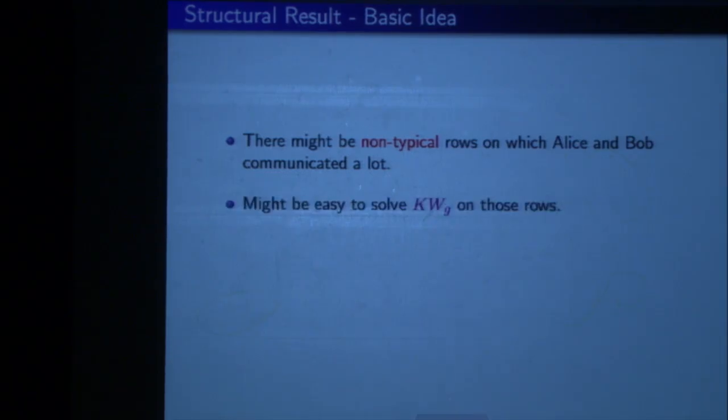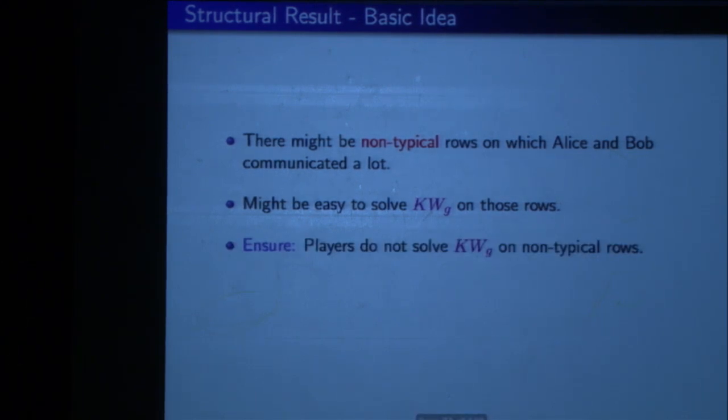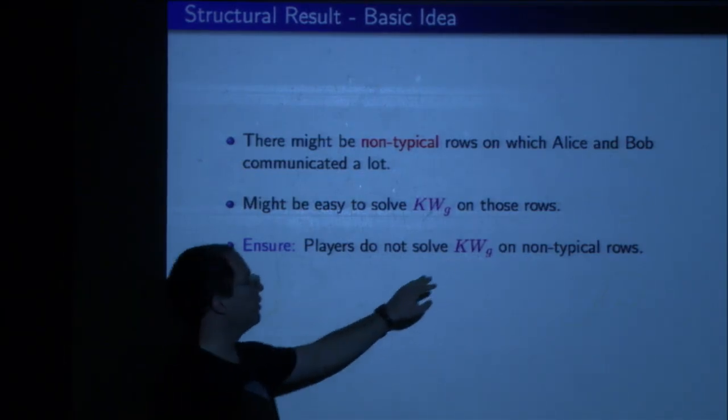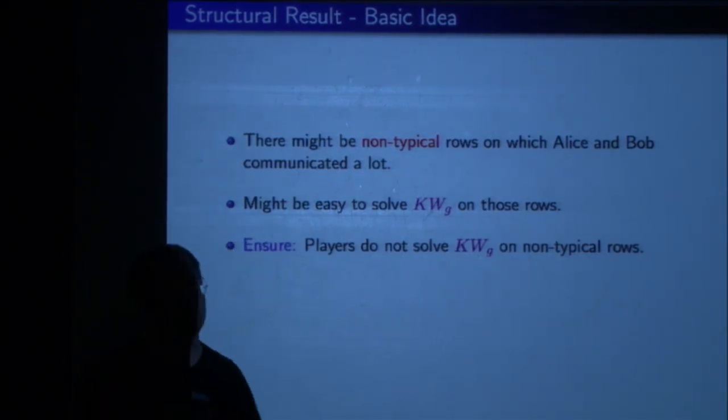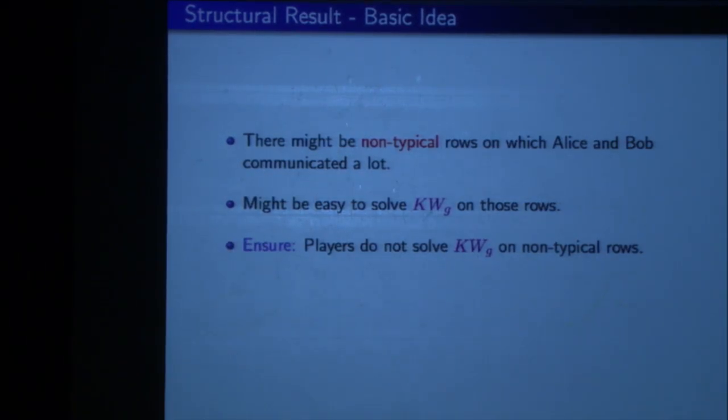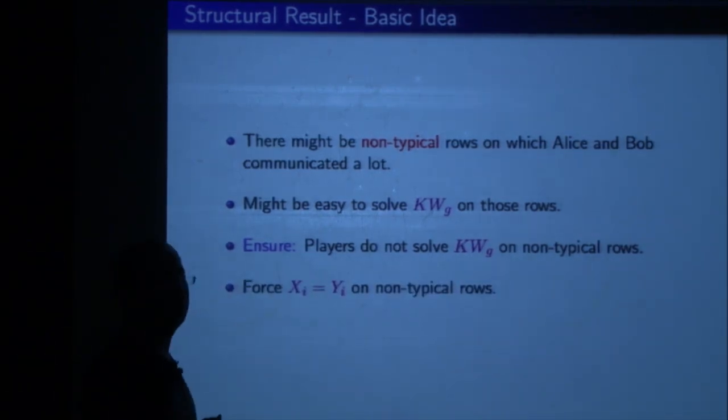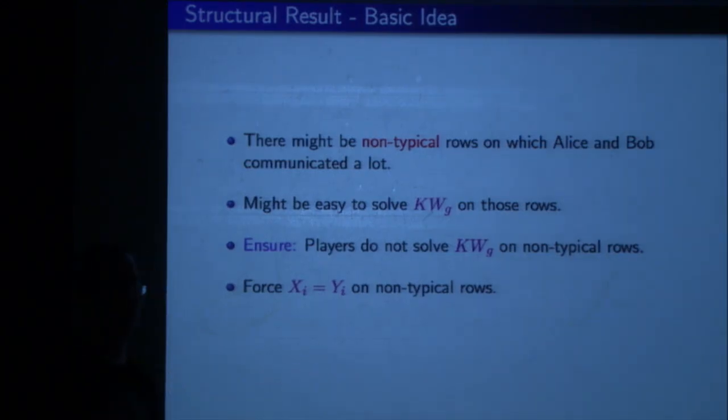And who knows, maybe on these particular rows, it's easier to solve G. So what we want to ensure in our proof is that they cannot solve the KW sub G on the non-typical rows. And the way we will do it is to force the non-typical rows to be equal. We'll force xi to be equal to yi on the non-typical rows.